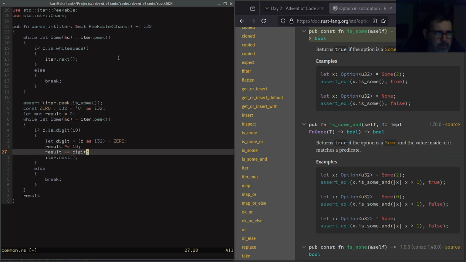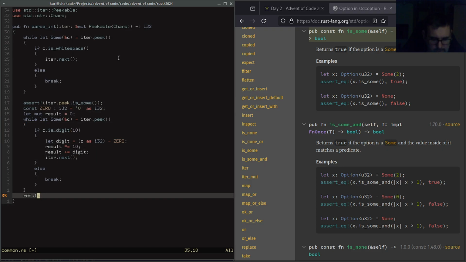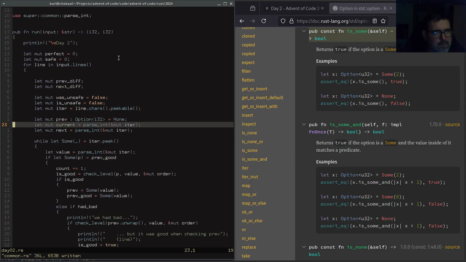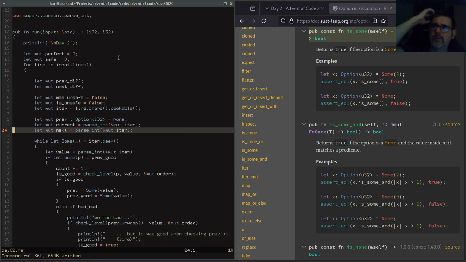We parse that number out until we have no more digits, and at that point, we're good. So we want to get the current and the next. And then start parsing our difference.